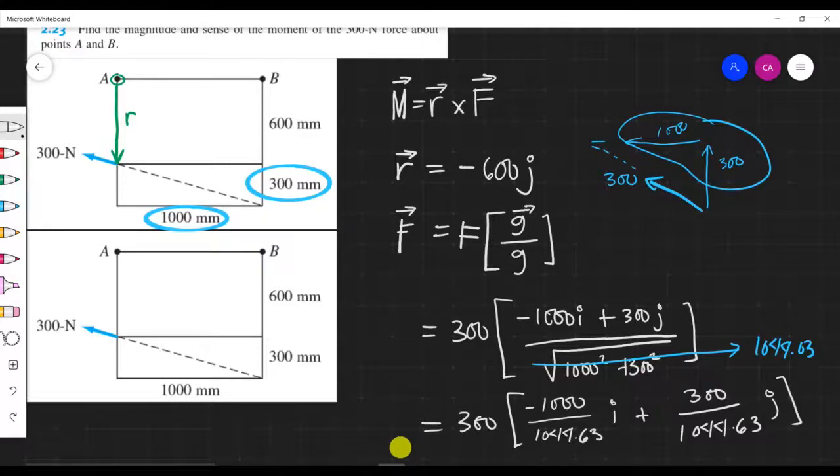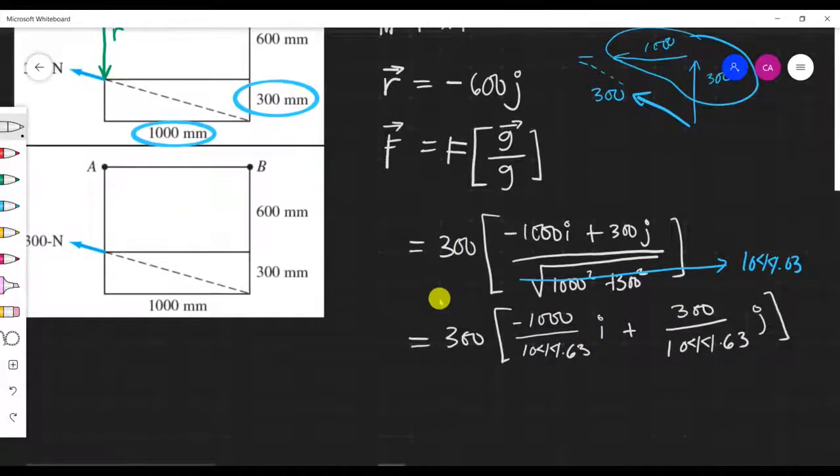Now, since meron na tayong direction vector, what would be the vector F? Ano ang vector F natin? I-distribute nyo ngayon, i-multiply nyo naman yung 300 paloob.